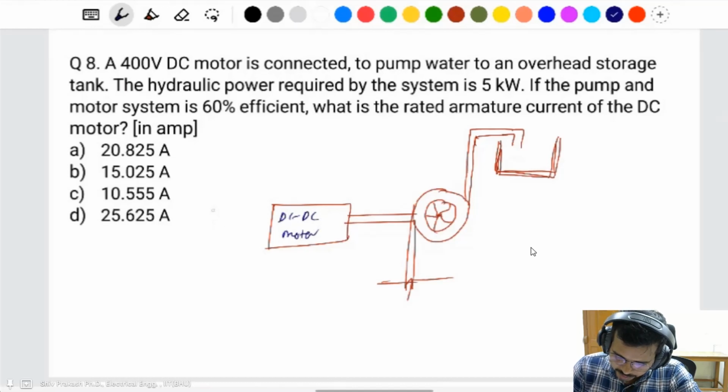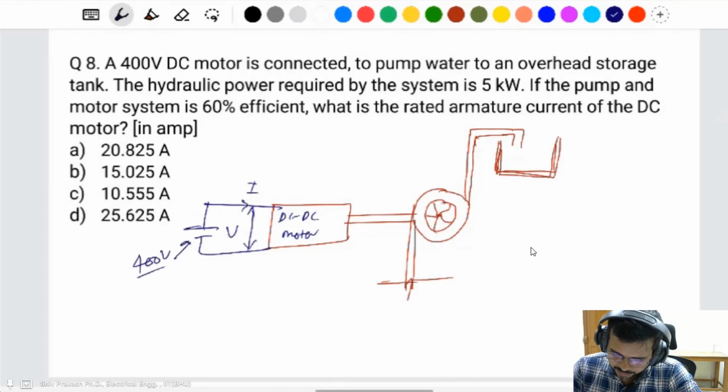It will be supplied by, if you take solar, then there is solar, but there is a battery, a DC system. This is some voltage. This will be some current. This voltage is given as 400 volt. So we are asking about the current.